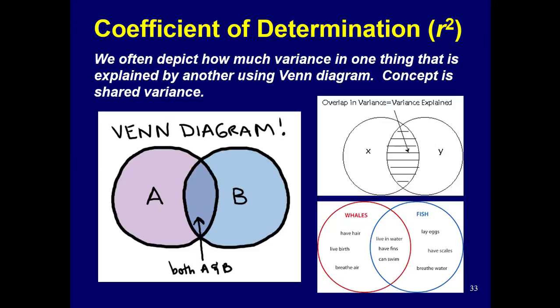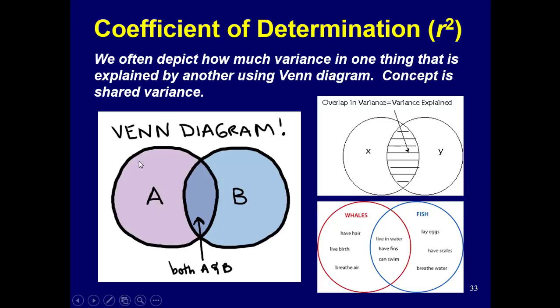Scientists often use what's called a Venn diagram to express this concept of the coefficient of determination, or R squared. And what happens here is we're looking at explained variance. We're looking at what is called shared variance between two different variables. In this case, this Venn diagram indicates that A and the variability in all of the A scores is indicated by this circle.